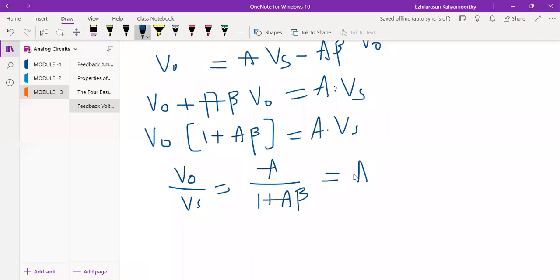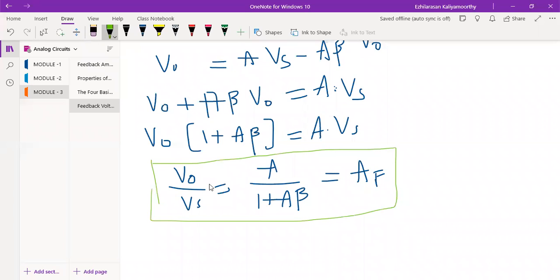This is nothing but your feedback gain. I hope you might have got it now. This is the feedback gain, the first parameter we calculated.